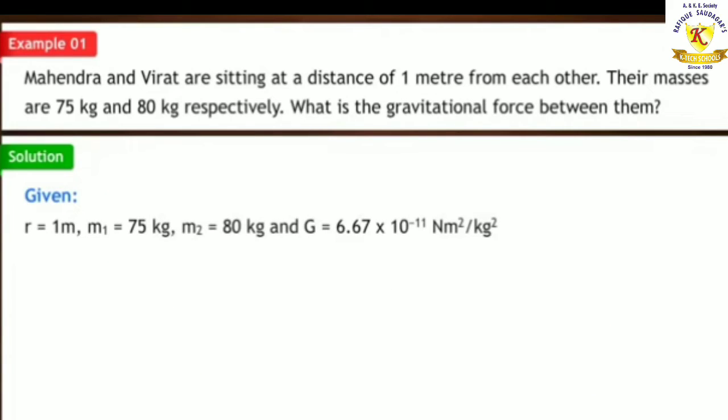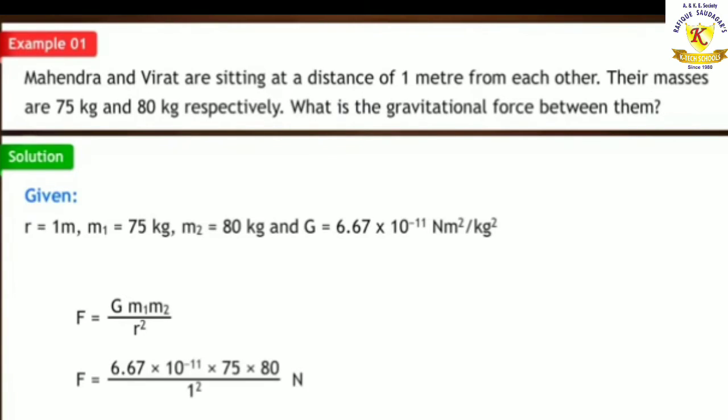So, given r equals 1 m, m1 is 75 kg, m2 is 80 kg and G is 6.67 into 10 raised to minus 11 N m square per kg square. F is equal to G m1 m2 upon r square.